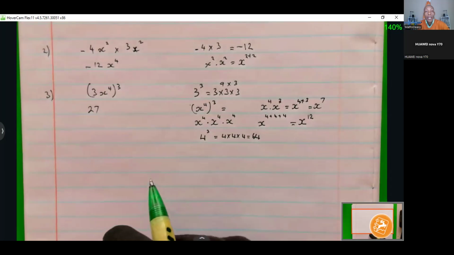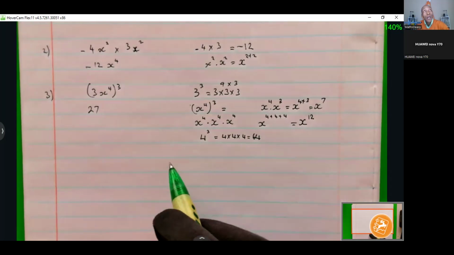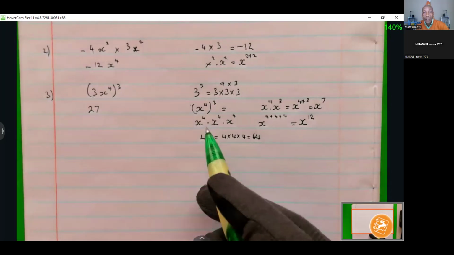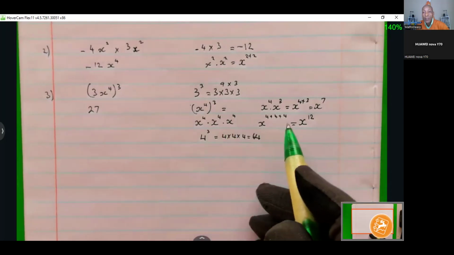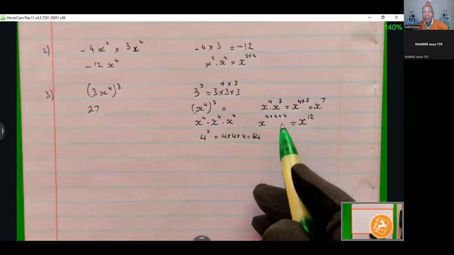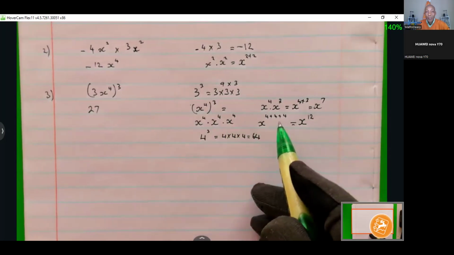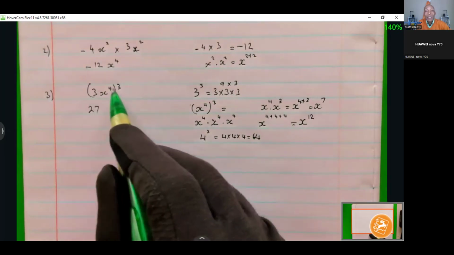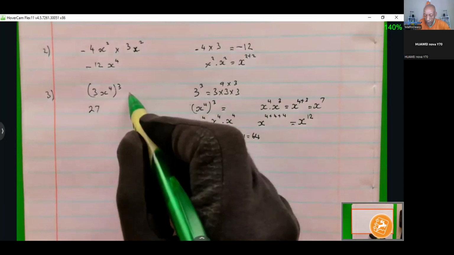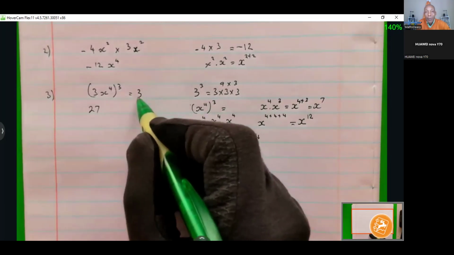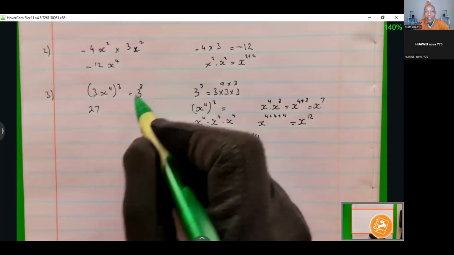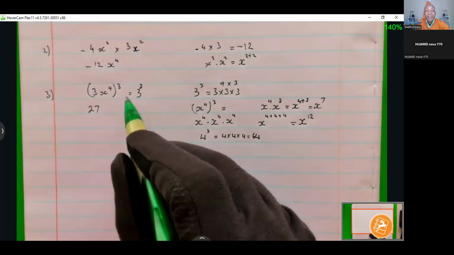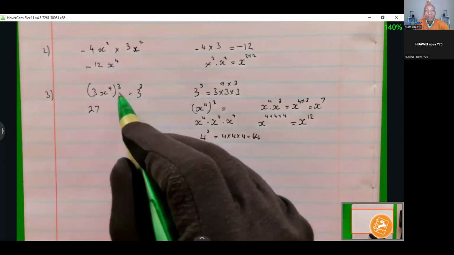Okay. Right. So if you are still not confident, you can do this so that you remind yourself what it is that you need to do. Okay. Yes. But what does this mean? It means that I am raising the 3. I am raising the 3 how many times? 3 times.